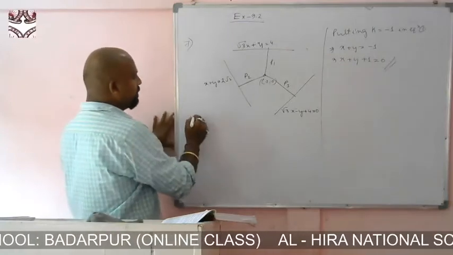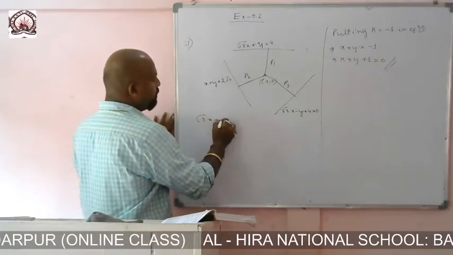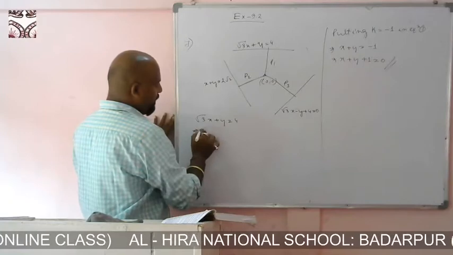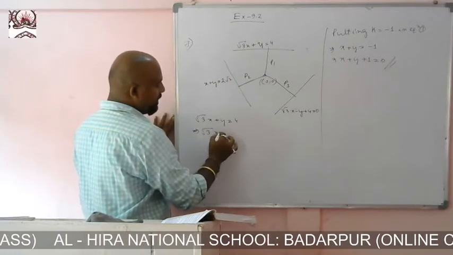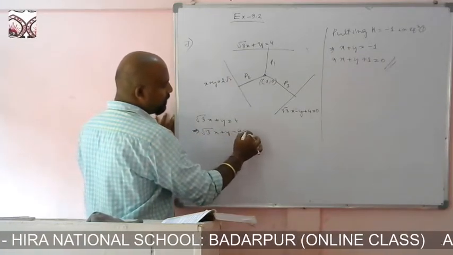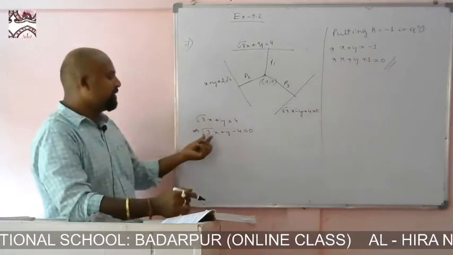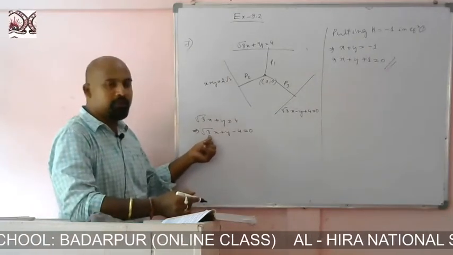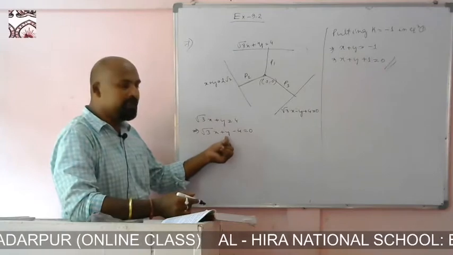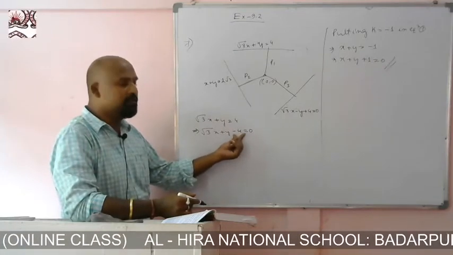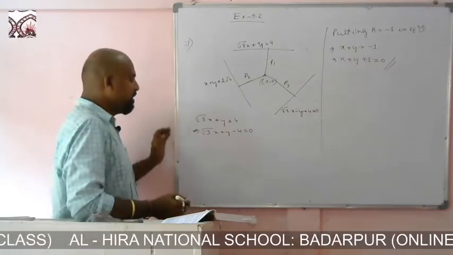For the first equation, root 3 x plus y equal to 4, if I write in standard form, root 3 x plus y minus 4 equal to 0. The coefficient of x is root 3, the coefficient of y is 1, and the constant term is minus 4.